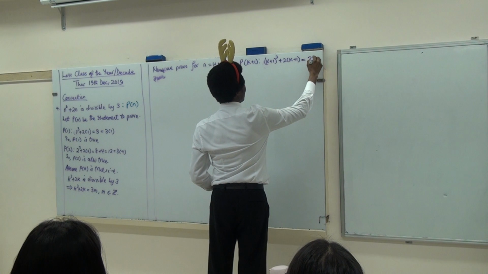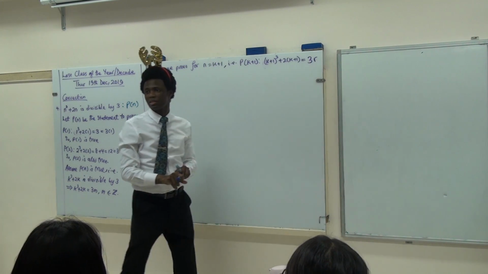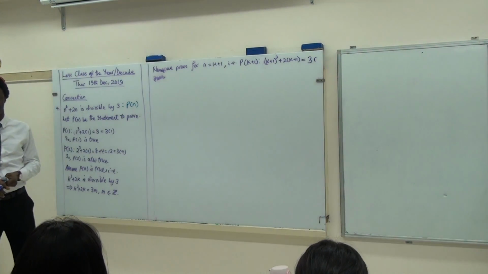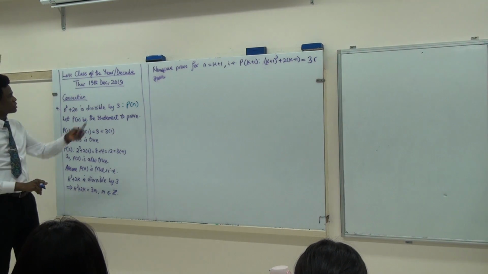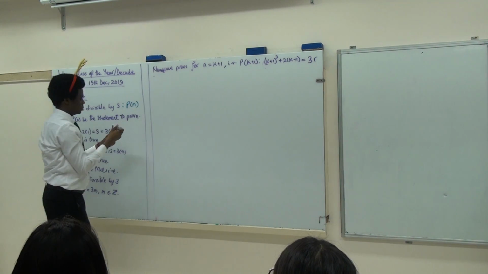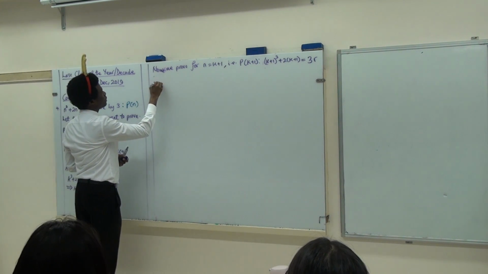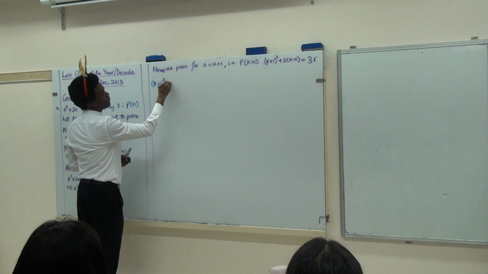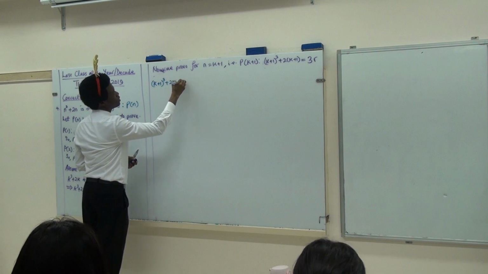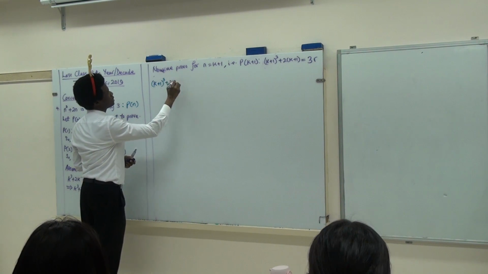So it equals 3 and some r, where r is an integer. That's what we want to establish. Okay? So we start with what to prove, and we use this. So we have k plus 1 cubed plus 2 times k plus 1 actually.